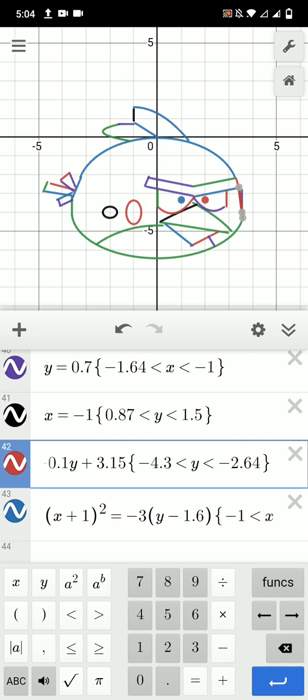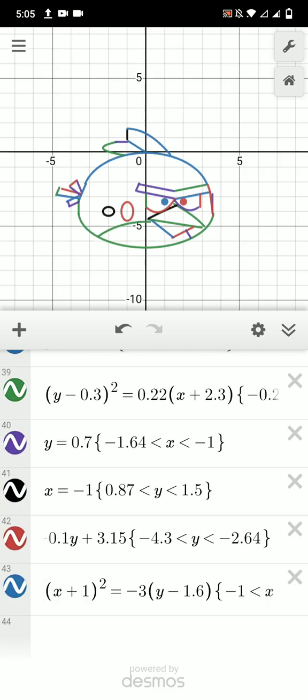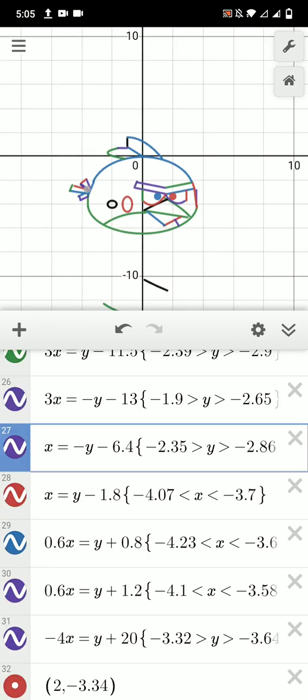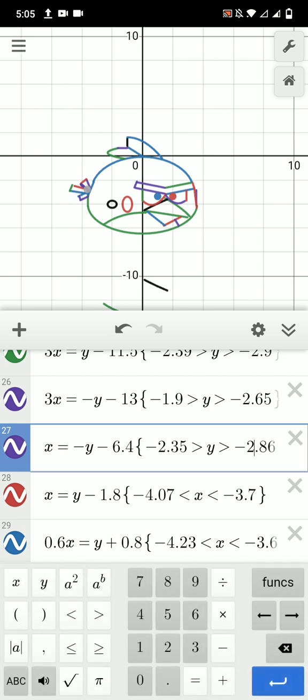Let's move on to the tail of my Angry Bird. This function here, a linear equation, x = -y - 6.4, has the domain of y less than -2.35 and greater than -2.86.